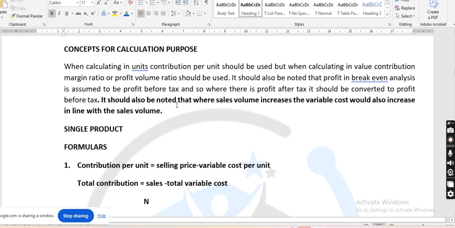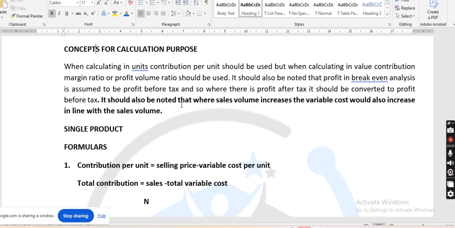It should also be noted that where sales volume increases, the variable cost would also increase in line with the sales volume. What it means is that when your sales is 50 units, the variable cost you will incur will be different from when your sales volume is 100 units.